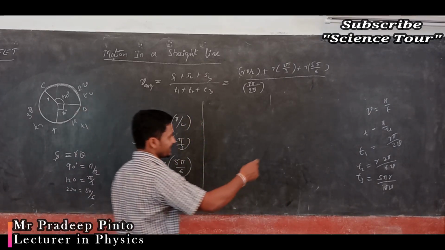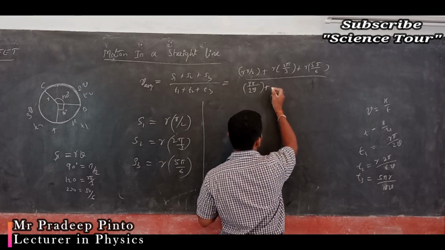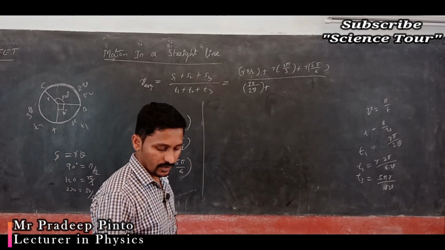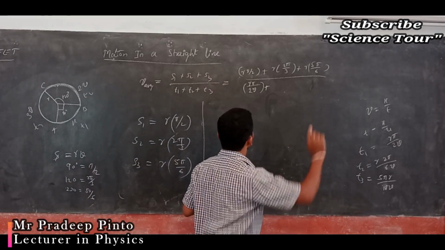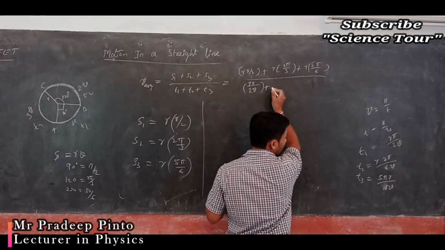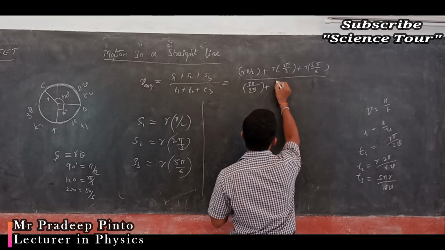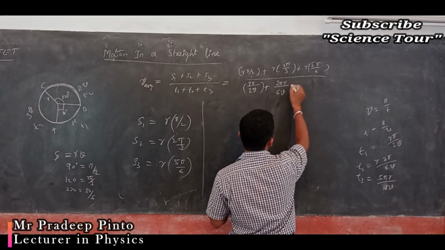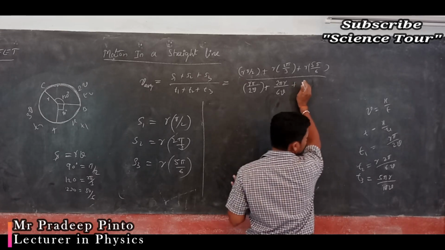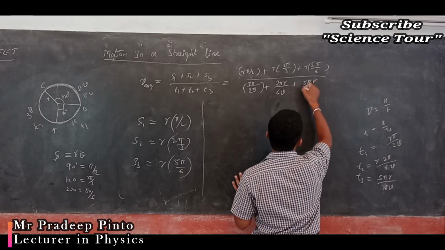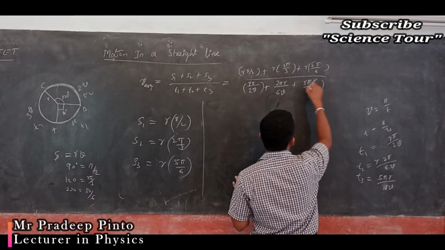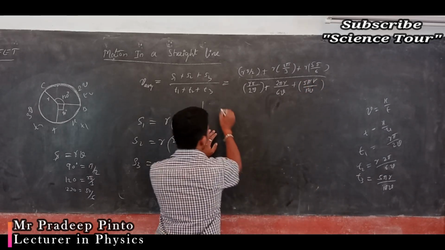So all the T's you have to substitute here. If I do this problem, you will get all the ideas of how to substitute. So T2 means 2 pi r divided by 6V, then plus 5 pi r divided by 18V. How to simplify this?